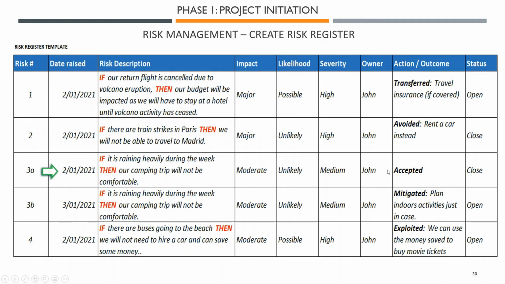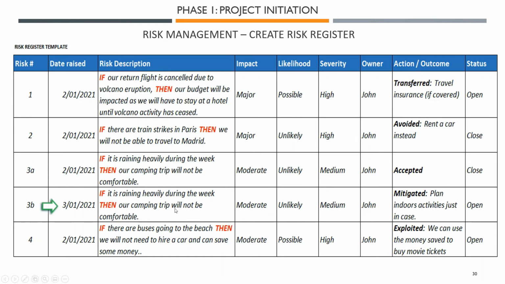The poor John is still responsible for everything, but you decide to accept this risk, and you close that risk. You say, yeah, it might rain, yes, I'm aware of it, thanks for raising it, but I accept it. Or you wouldn't have these two risks like this in a risk register, because you would take one of the two actions. But just for this example, that's why I have 3A, 3B.